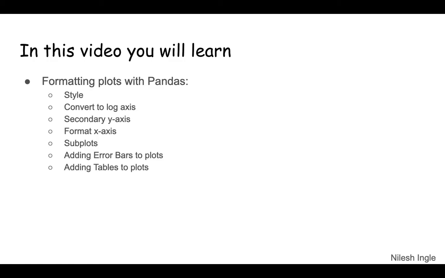Specifically, we'll be looking at how to change the style of lines, how to convert axis to logarithmic axis, how to use a secondary y-axis, how to make a compact x-axis, and then how we can go ahead and create subplots as we saw in one of the previous videos in Matplotlib. Additionally, we'll look at how to create error bars and how to add tables to plots as well. So let's get into Jupyter Notebook and start coding.